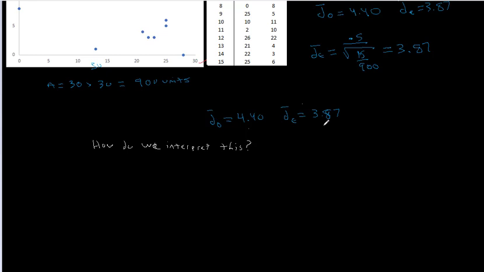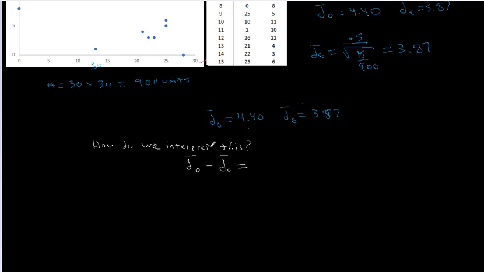So under random circumstances, this is what you would expect to see. This is what you actually got. If you compare these two together, if you take D sub O and you subtract off the expected, well, what do you get?